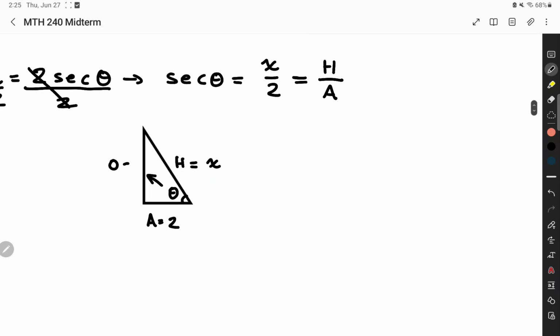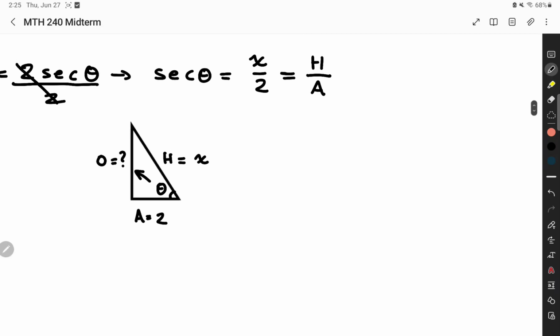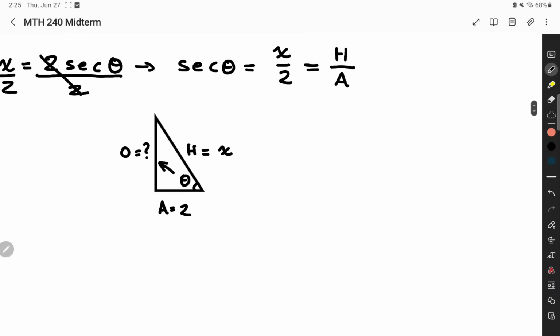So now how can we find our opposite? Well, this is just basic Pythagorean theorem. We'll leave that variable as O. So that technically means the Pythagorean theorem is O squared, as an opposite, squared, plus this squared. So that's 2 squared. We know 2 squared is 4, so let's write that. And that is equal to our hypotenuse, which is x squared.